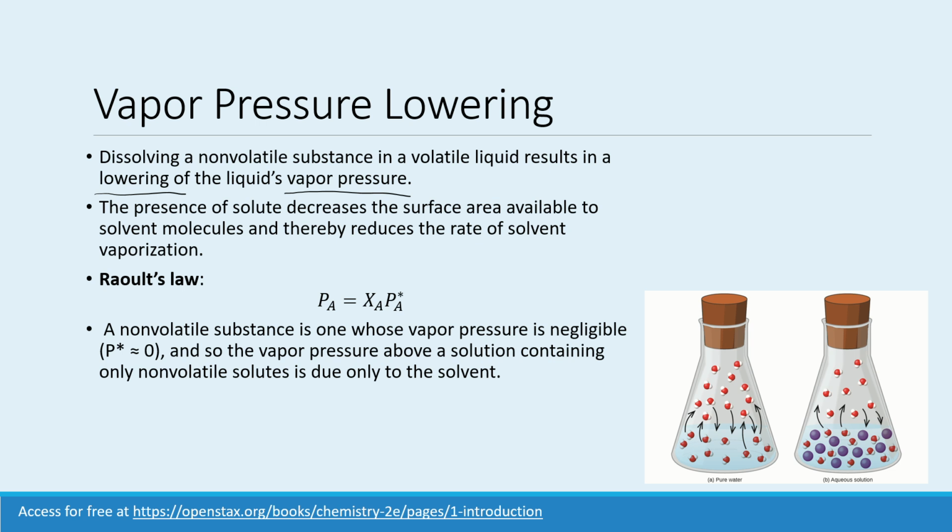And so when you decrease the surface area, you're reducing the rate of solvent vaporization. And so if we reduce the rate at which the solvent vaporizes, we're going to end up with less solvent particles in the air, and so that's going to, of course, reduce the vapor pressure.